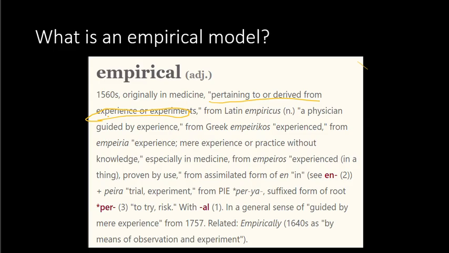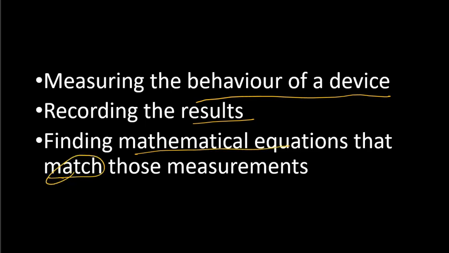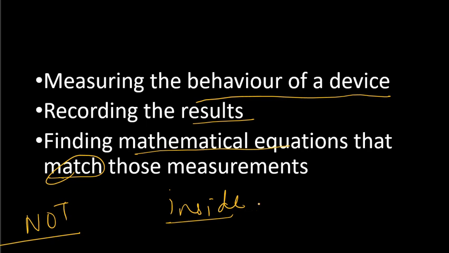An empirical model is developed by measuring the behavior of a device, recording the results, and finding mathematical equations that match those measurements. We notice that the process does not require us to know what is happening inside the device. As long as the mathematical equations reproduce the measured behavior, the model is considered acceptable.